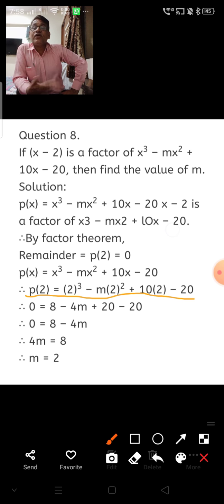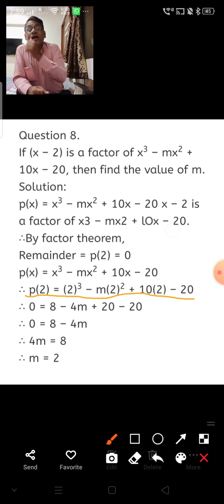Now p of 2 is already given, that is 0, means it is a factor of the given dividend, means the remainder is 0. So 0 is equal to 8 minus 4m plus 20 minus 20. Plus 20 minus 20 is 0, means 0 is equal to 8 minus 4m.